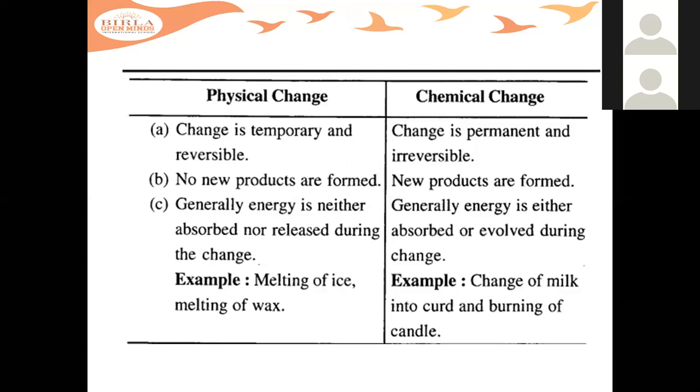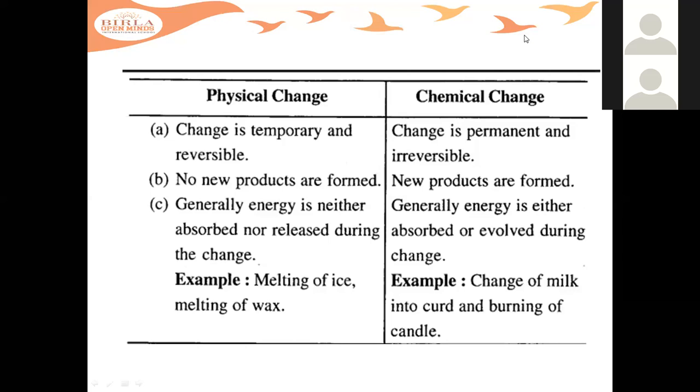Like for example, melting of ice, you can see the ice is melting in front of your eyes and it can be reversible again. You can make it into a solid ice cube, okay. And a few are reversible and a few are irreversible in physical changes also, like crumpling of a sheet of paper.